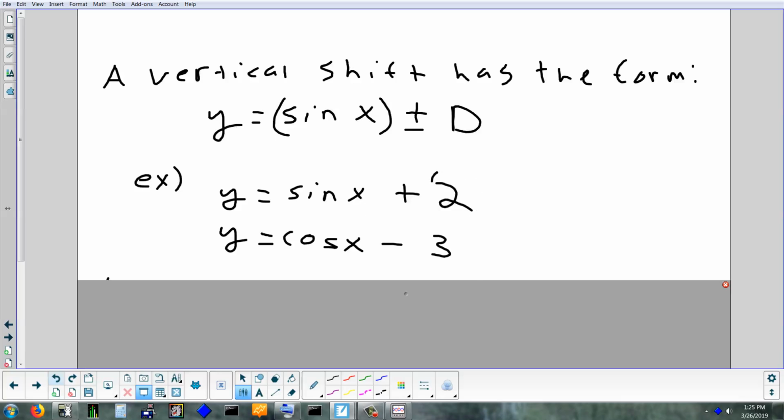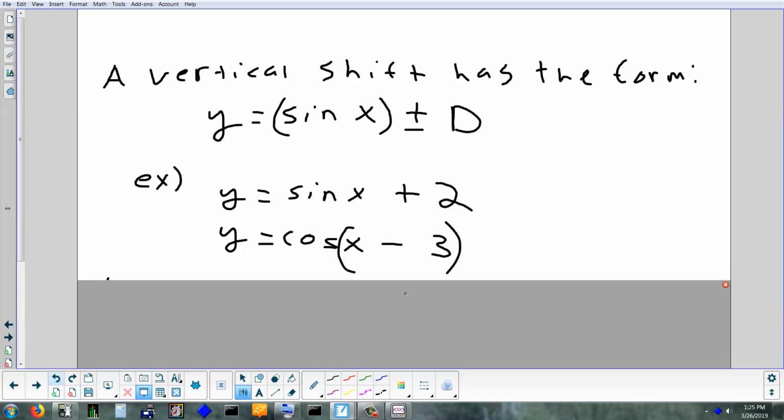If you had a problem where they put parentheses like that, do you think that's vertical or phase shift? Still vertical. I don't see parentheses grouping together a letter and a number. I see parentheses around a number that really aren't even needed. How about if I did this?